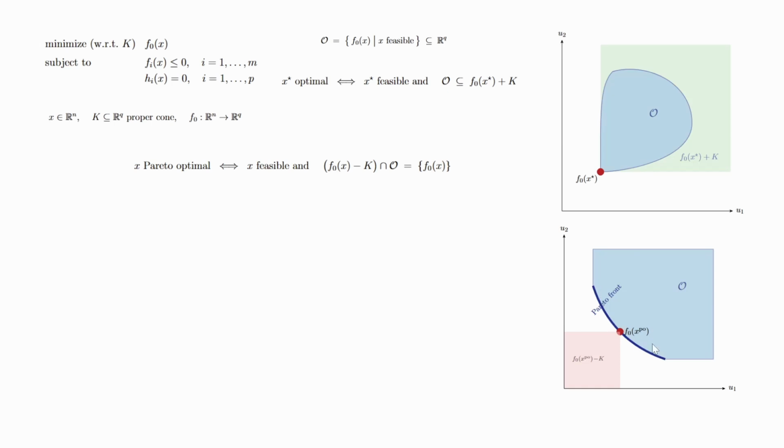And also the textbook notes that every Pareto optimal value lies on the boundary of the feasible set. So hopefully that's geometrically intuitive. If a point were in the interior of the feasible set, you can nudge it in every direction and still stay in the feasible set, so you can find something better.